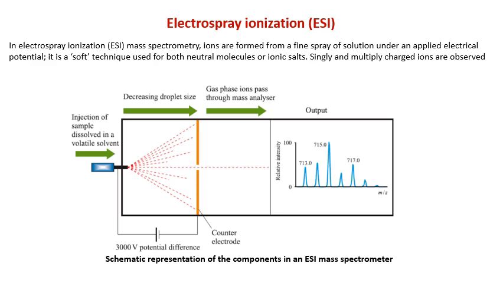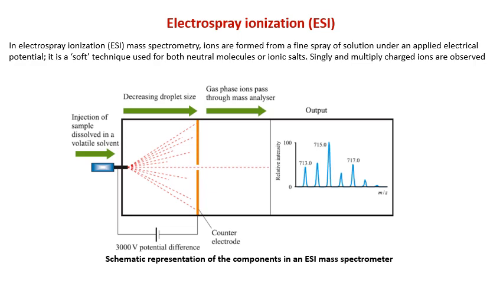Observe, this is a schematic representation of the components in the ESI mass spectrometer. The sample is dissolved in a volatile solvent, normally acetonitrile or methanol, and the solution is converted into a fine spray, nebulized at atmospheric pressure by the application of a high electric potential.